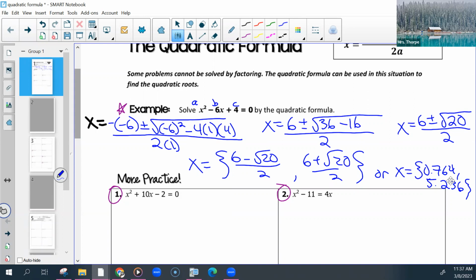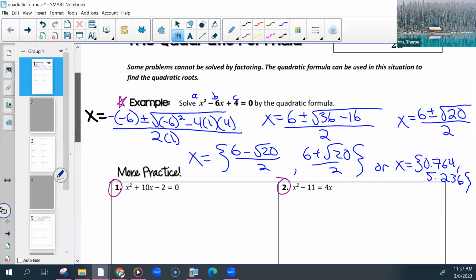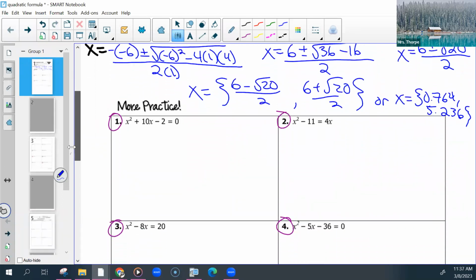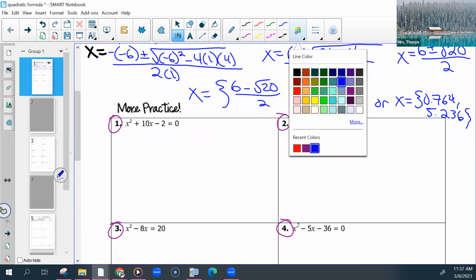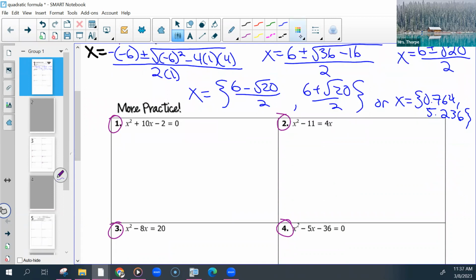So we're gonna do a few more, starting with example number 1. So here we have our 3 terms equal to 0, so we can list our A, B, and C values. Then we can start to put it in the formula.